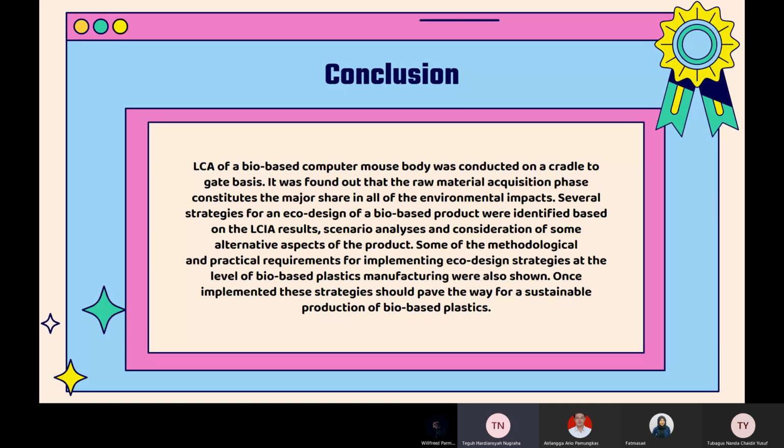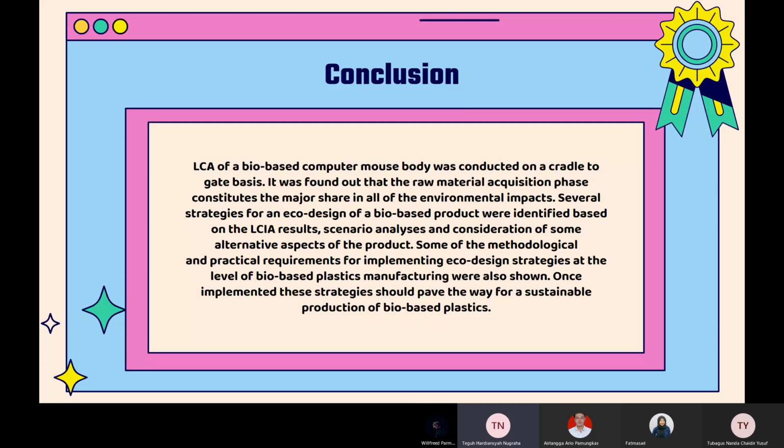Okay, the conclusion of this article. The life cycle assessment of a bio-based computer mouse body was conducted on a cradle-to-gate basis. It was found that the raw material acquisition phase constitutes the major share in all of the environmental impacts. Several strategies for eco-design of a bio-based product were identified in this article based on the life cycle impact assessment result, scenario analysis, and consideration of some alternative aspects of the product.